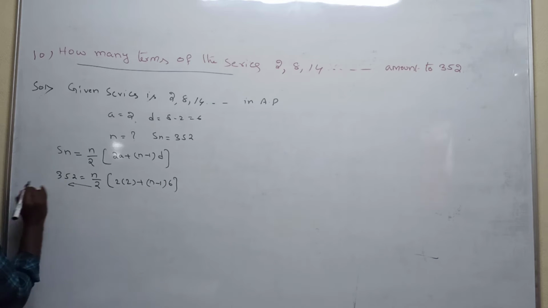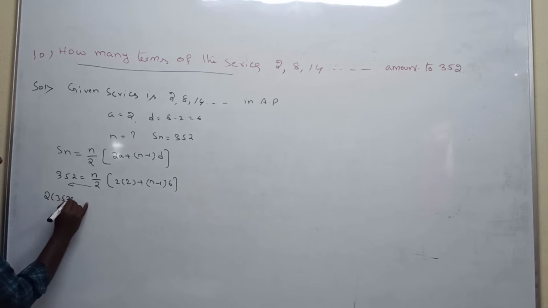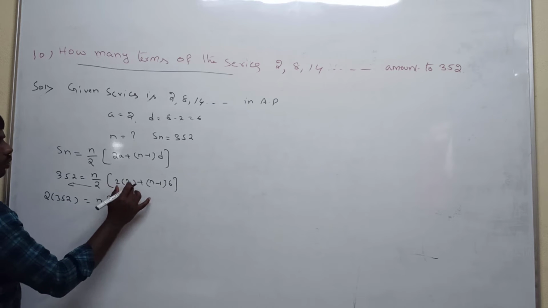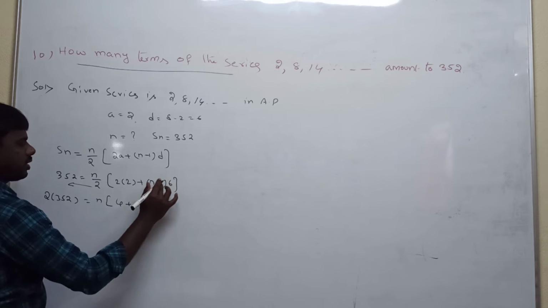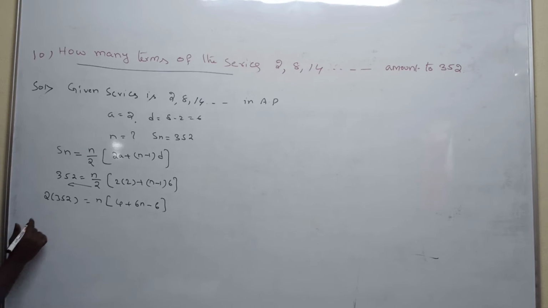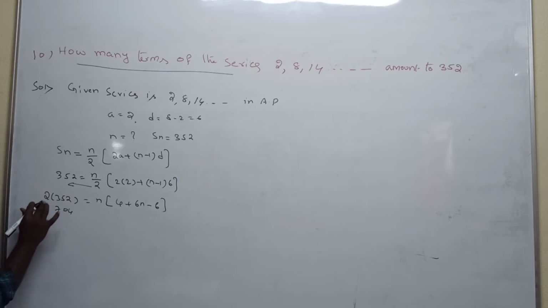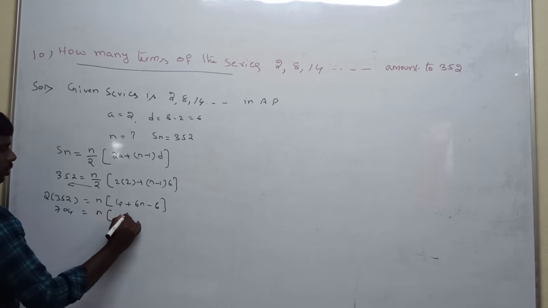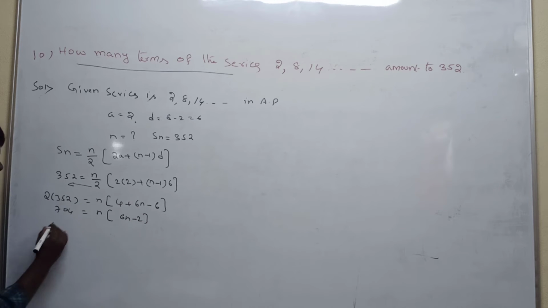Now the 2 is cross multiplied from the left hand side: 2 into 352 is equal to n into (2 times 2 is 4, plus 6 into n is 6n, minus 6 into 1 is 6). 2 into 352 value is 704. Inside the bracket, 4 minus 6 is minus 2.